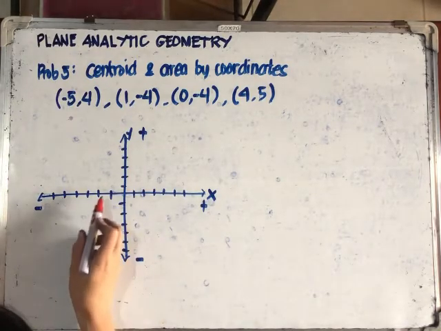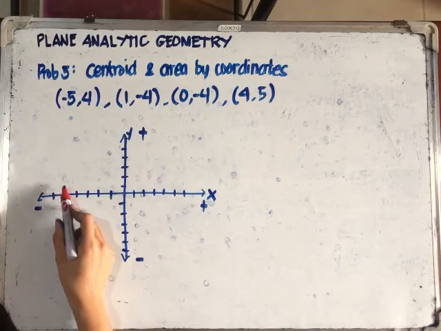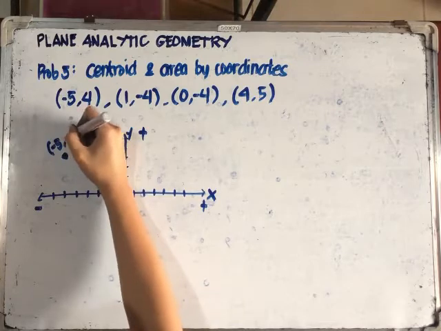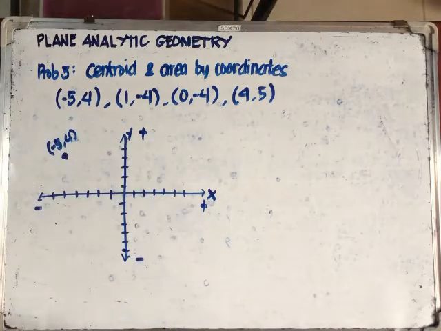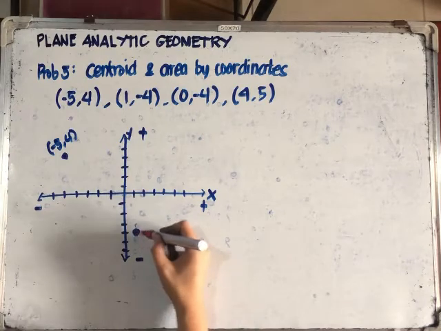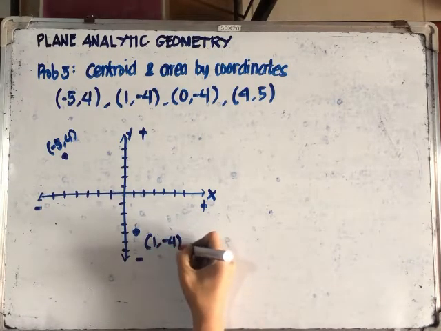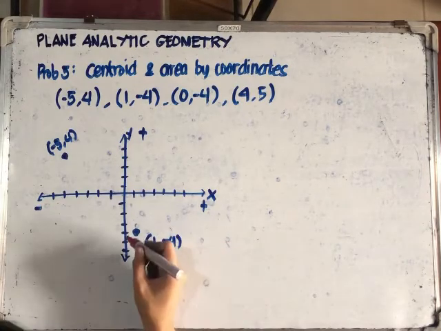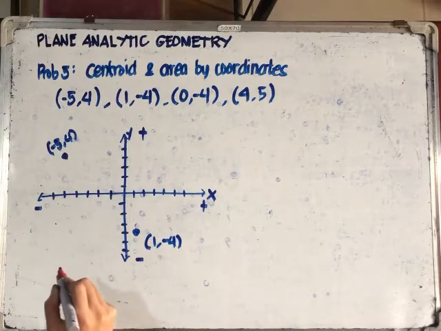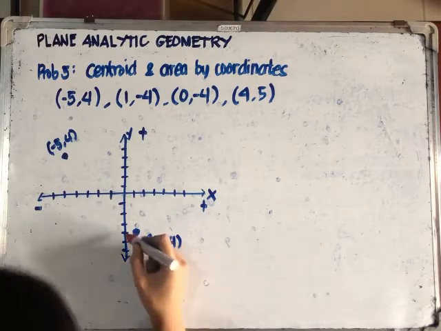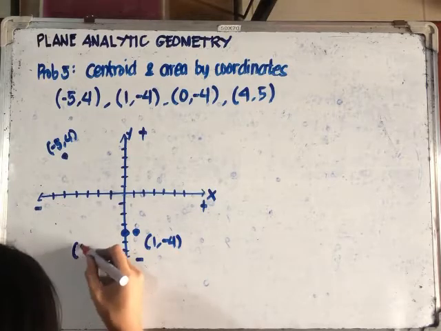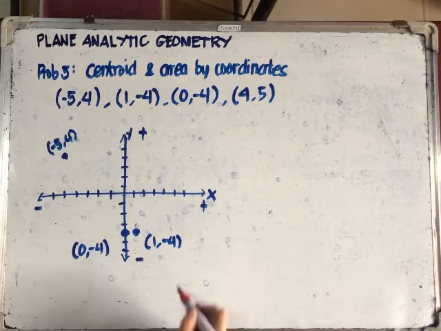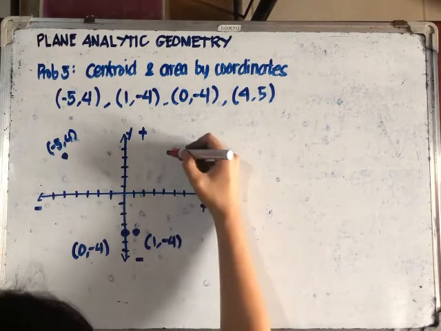Negative 5, 4 is somewhere here. We have 1, negative 4. 0, negative 4. So they're close to each other. If I'm not mistaken, it's here. 0, negative 4, and then we have 4, 5.